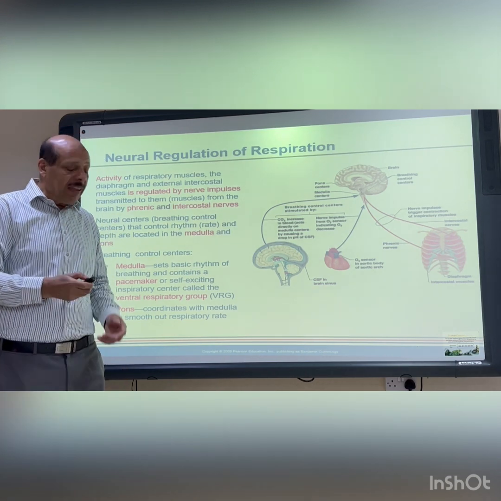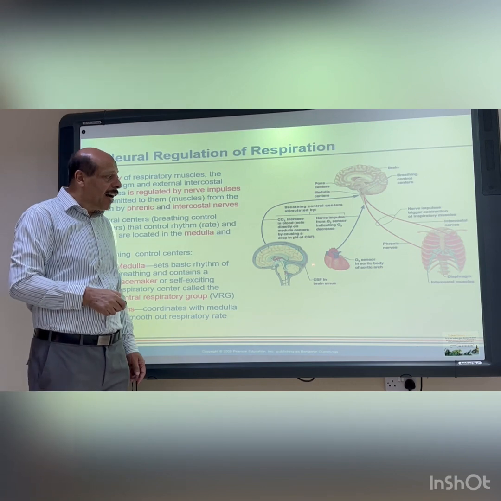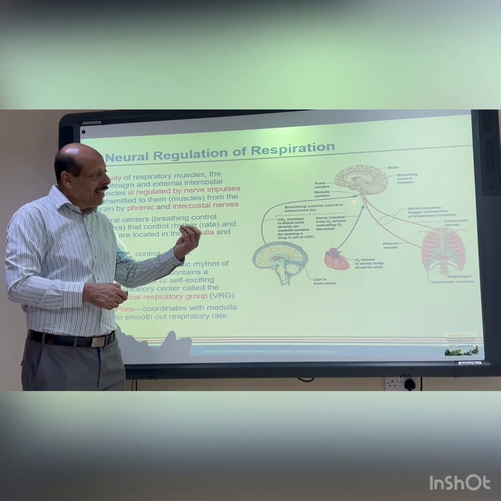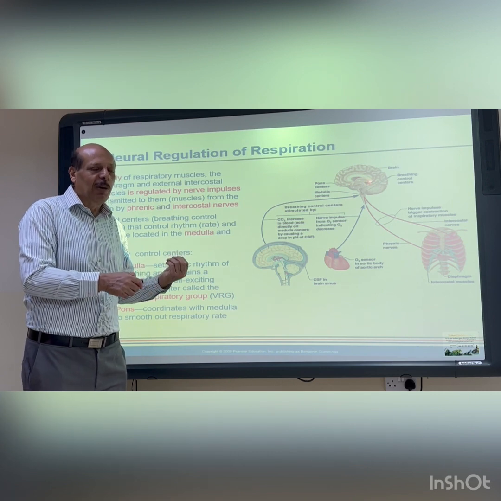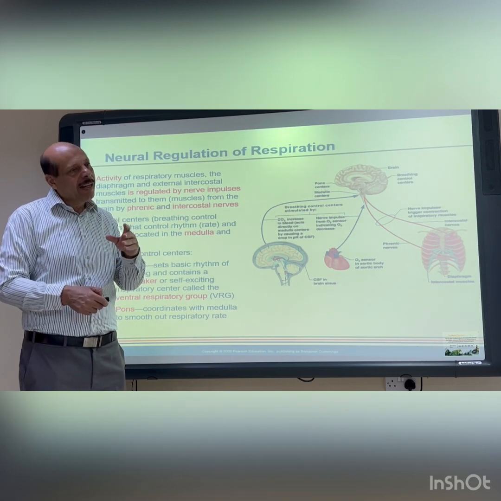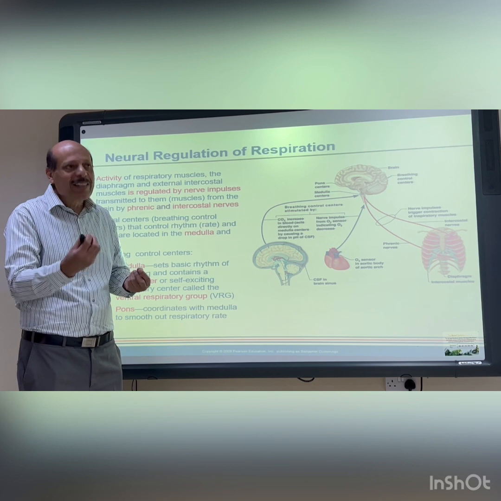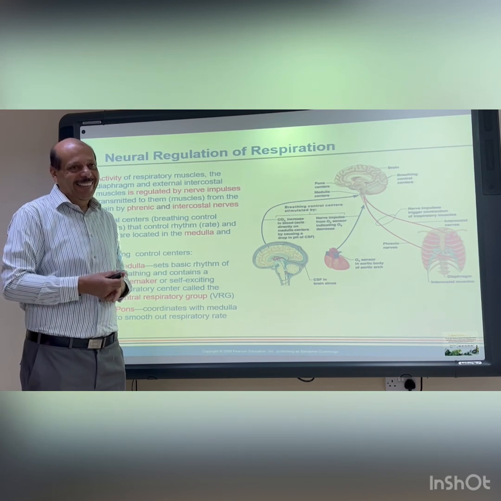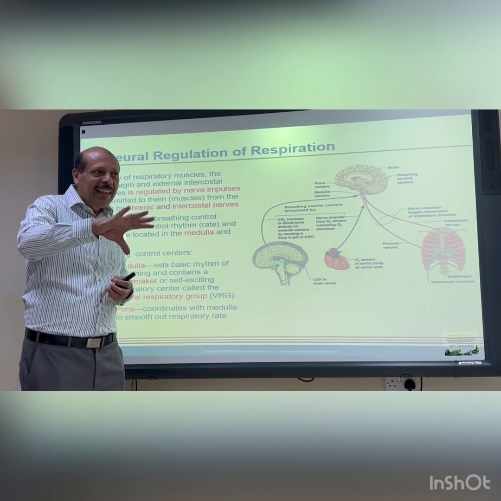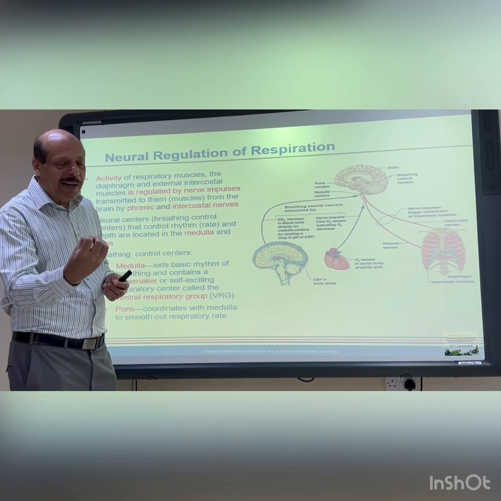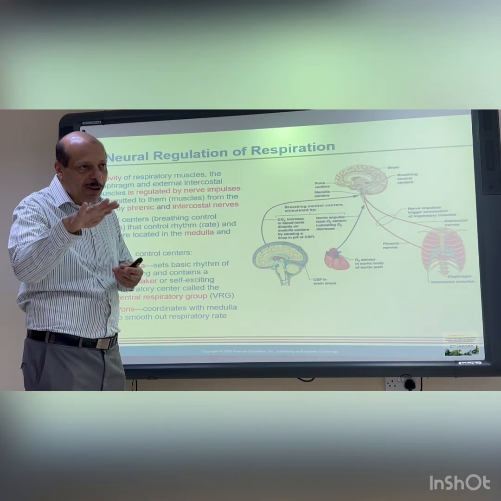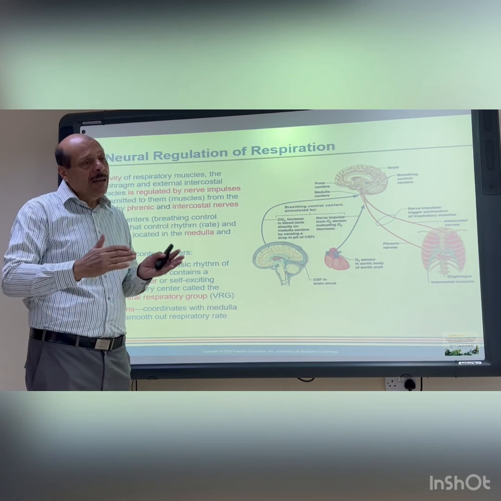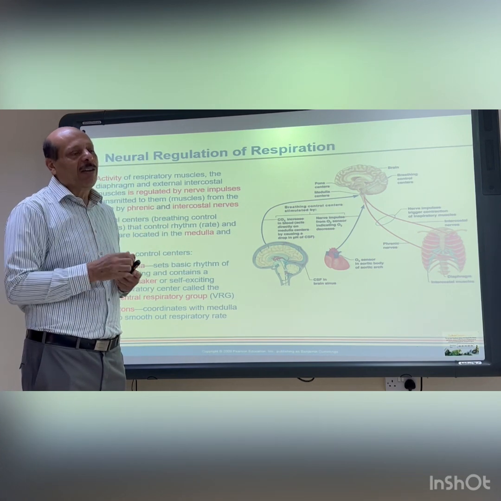If the level of oxygen is high, it will send a message to the breathing control center that breathing is okay and you can relax slightly. So the depth of breathing will be within normal, and the rate also within the normal rate of rest.